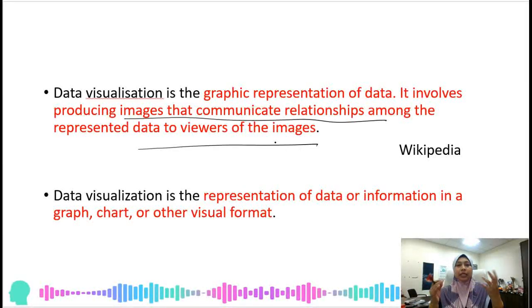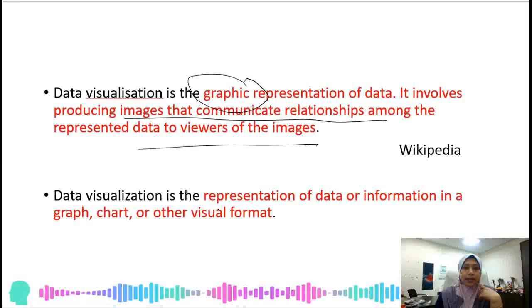Data is represented dalam bentuk graph, tak kisahlah graph apa-apa. Kemudian we have to communicate the relationship between those graphs and the data to the viewers.